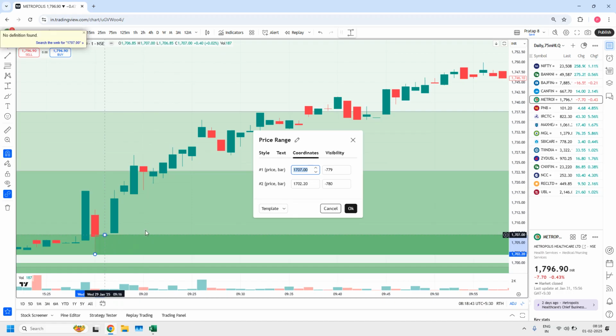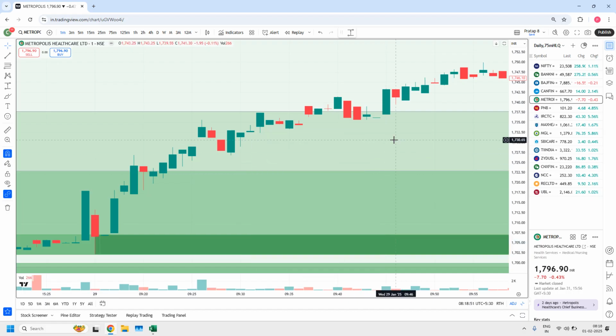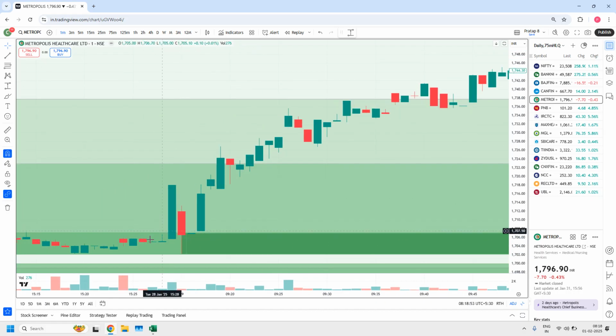Just to make you understand, let me increase the thickness. See, did you get the same zone again? But now institutions have added a lot of order flow, and a small pro gap is there at the 1 minute level.